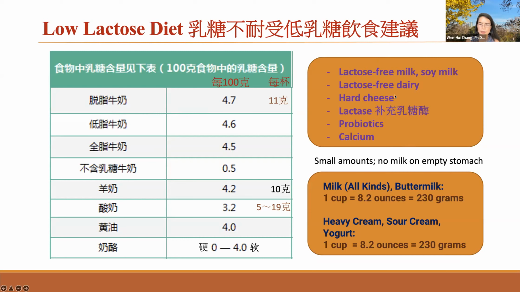Hard cheese usually doesn't have lactose, and you can also supplement with lactase. Probiotics and calcium also help to reduce the symptoms. So the recommendation is small amounts. You need to know how much you can take at each sitting, and no milk or milk products on an empty stomach.